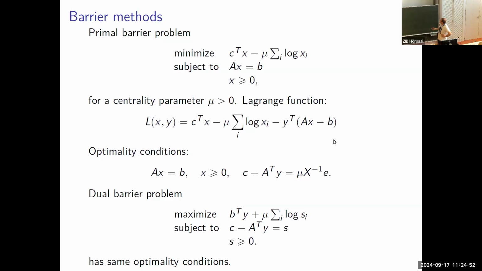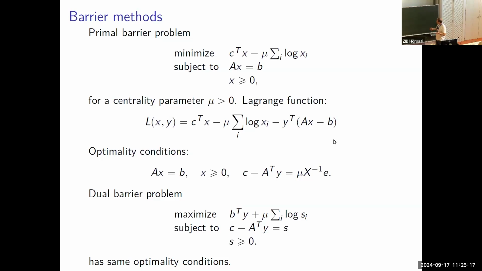Ax equals b, x is positive, and then the derivative with respect to x of this function is the interesting part. We see that c minus A transpose y is a scaled version of x inverse, and that's what we normally would call s, right? So this term here would be s, but now it's not s, now it's a scaled version of x inverse.